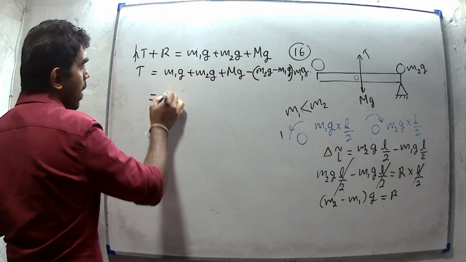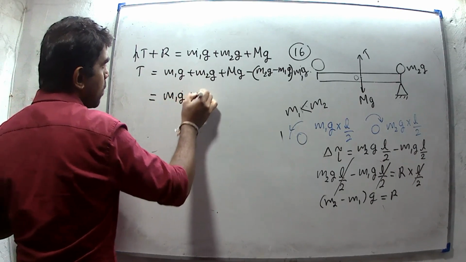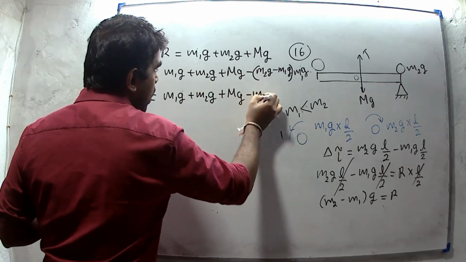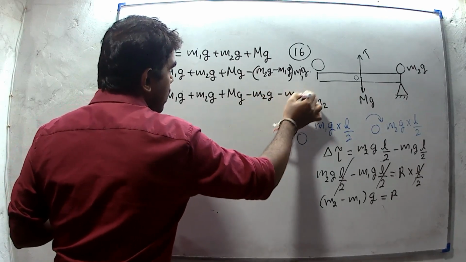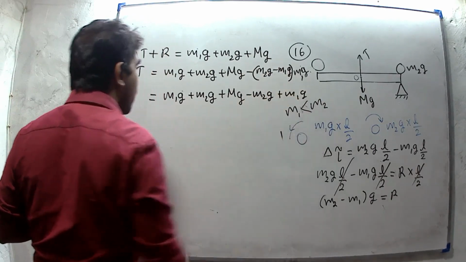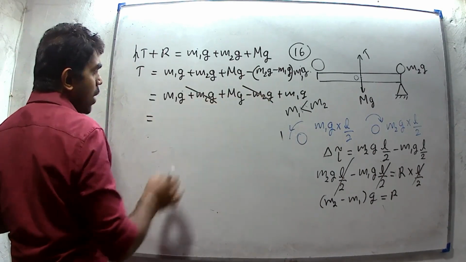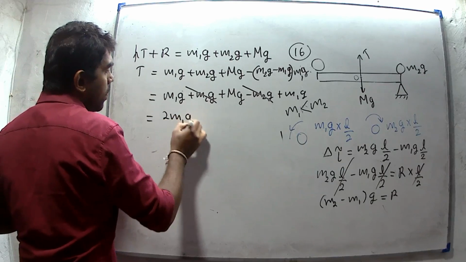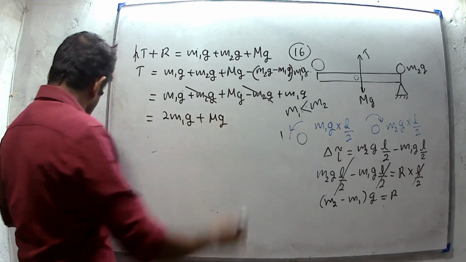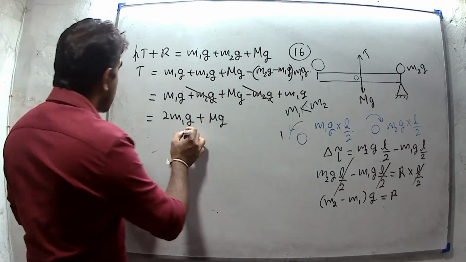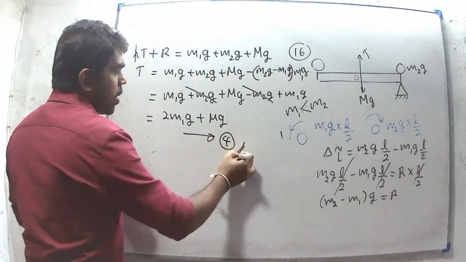Then I will simplify: M1G plus M2G plus Mg minus M2G plus M1G. Now we can cancel out M2G. The answer is 2M1G plus Mg. Correct answer is 4 for question number 16.